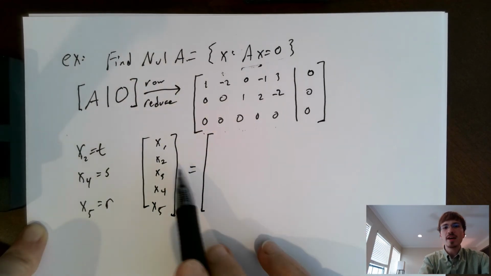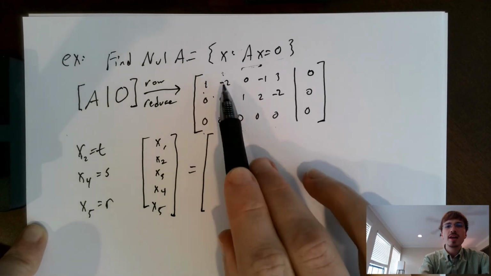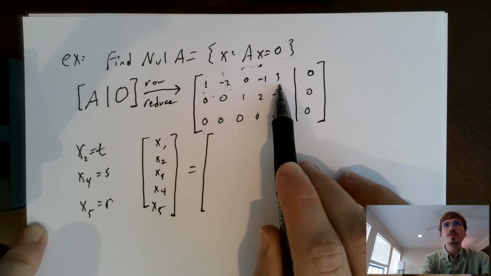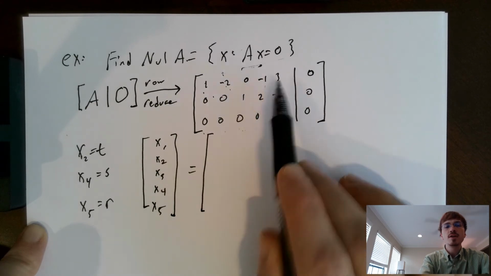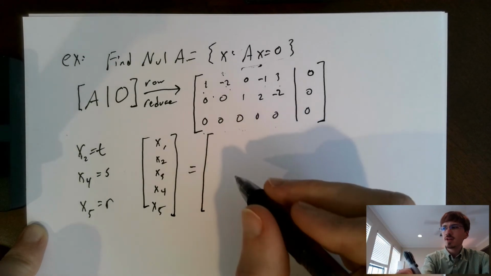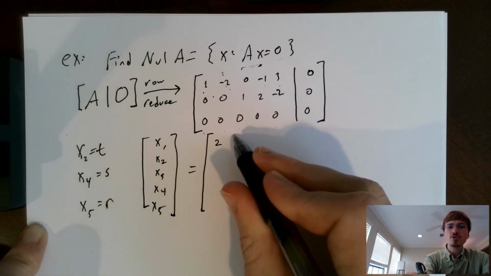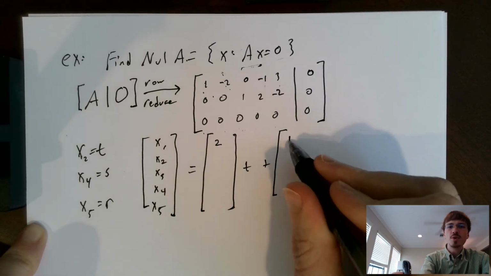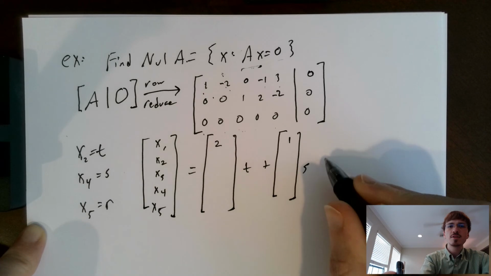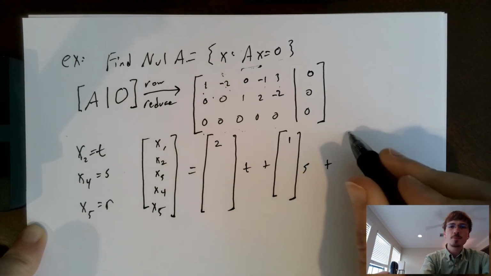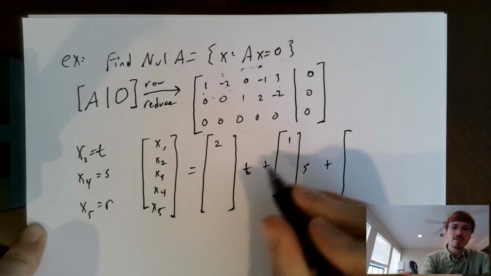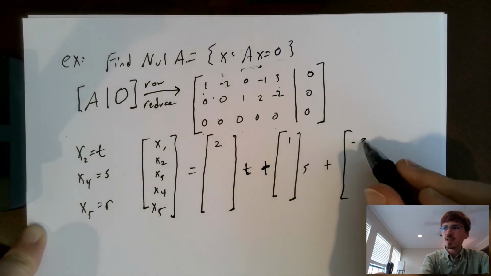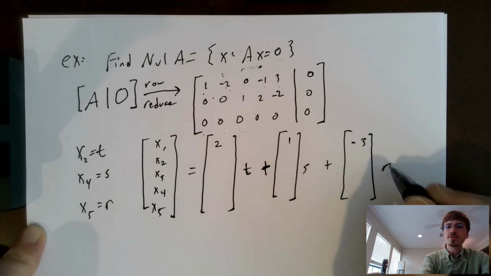Well, what does x1 have to be? x1 has to be 2x2 plus x4 minus 3x5, right? And let's use these labelings here. It's going to be 2 t's plus 1 s plus, that's a t, and that's a plus sign, sorry about that, plus negative 3 r's.